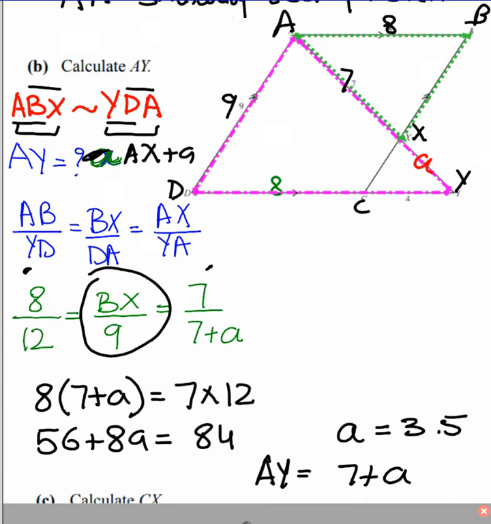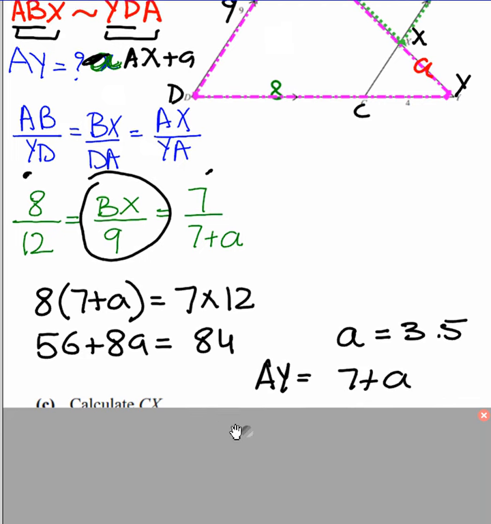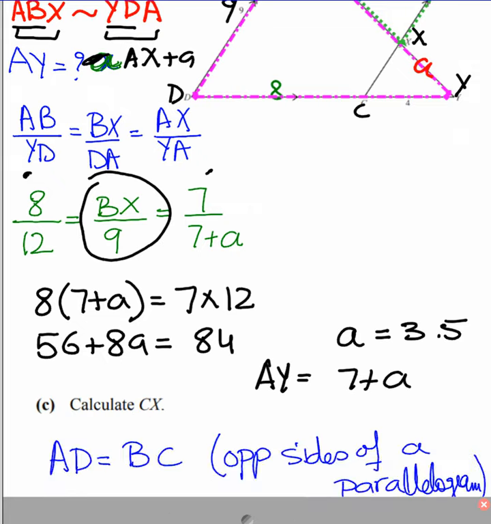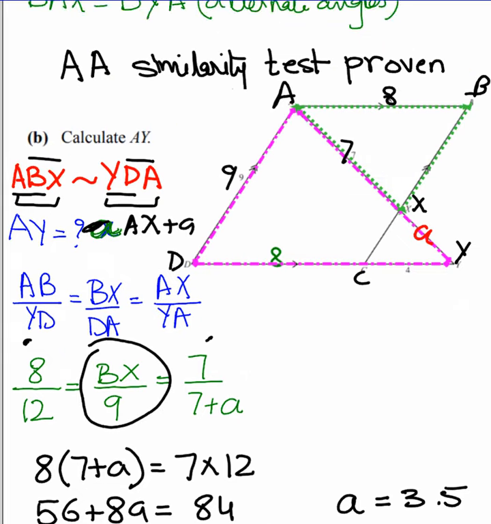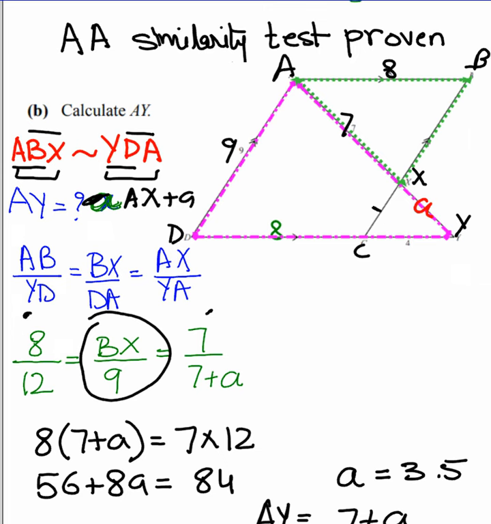Okay. Now the last part of the question is saying find out CX. Right. Now let's see, where is CX? This is CX. I have to find out this thing. Now, how will I find this? If you see here, when we were writing these ratios, this BX, if I can find this, then because this is a parallelogram, right, opposite side AD is equal to BC, which is 9.